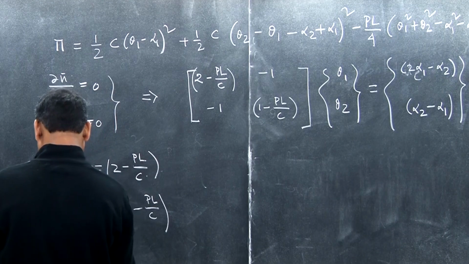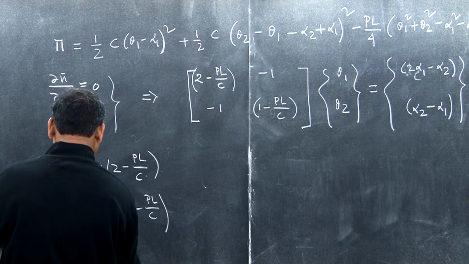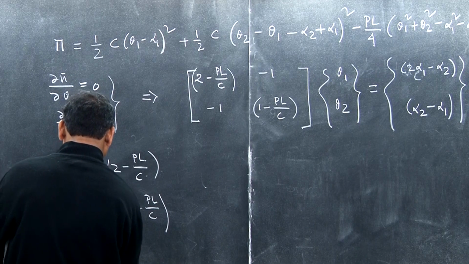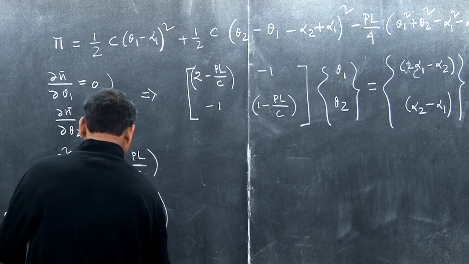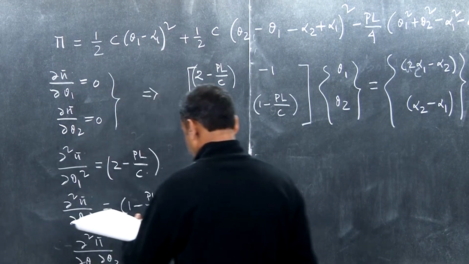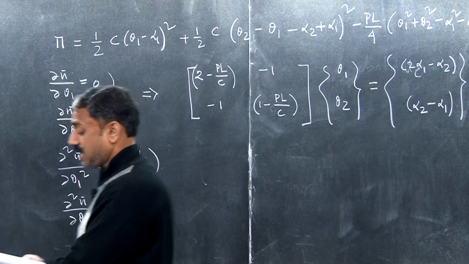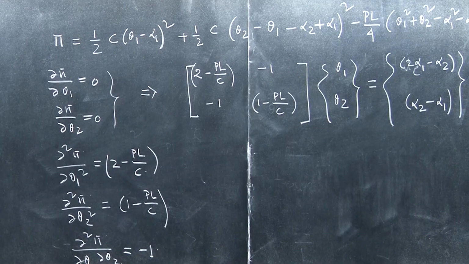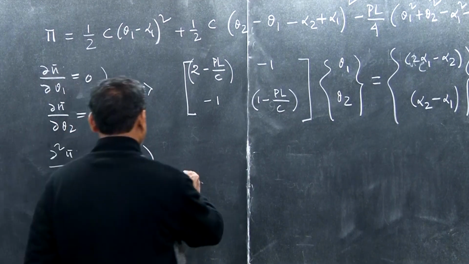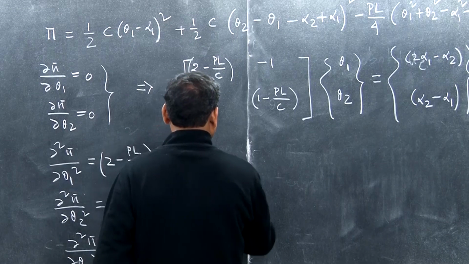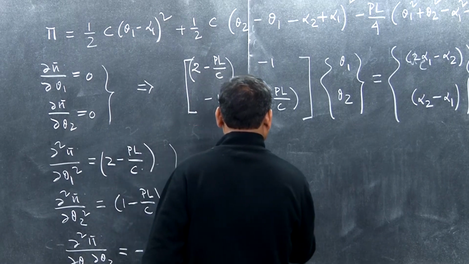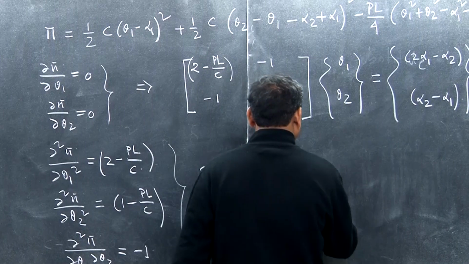Del 2 pi del theta 1 theta 2 is minus 1, so here the Hessian remains identical.